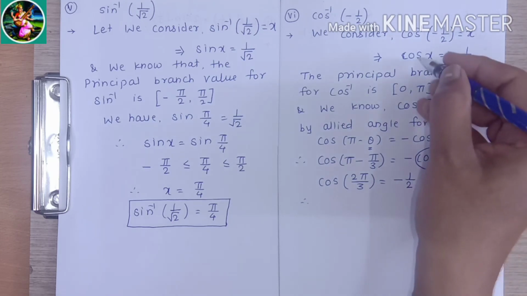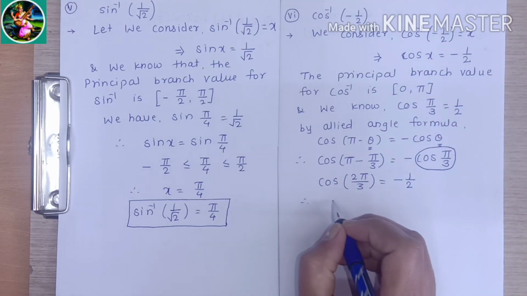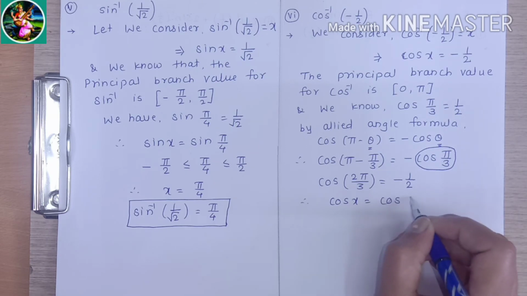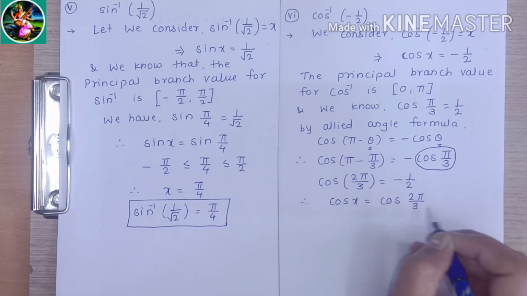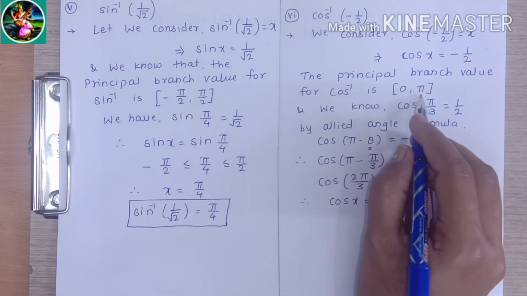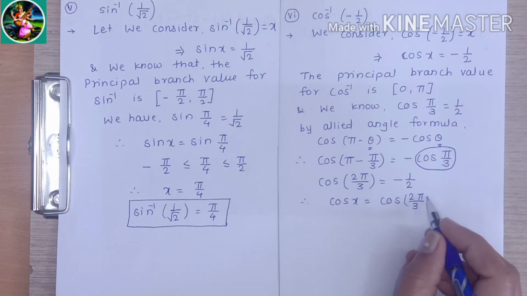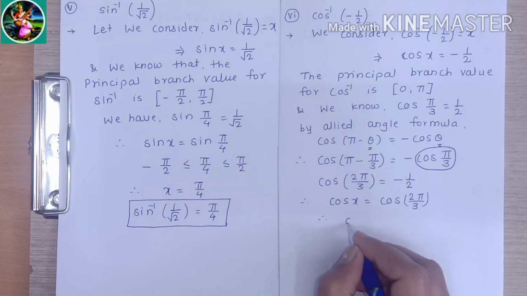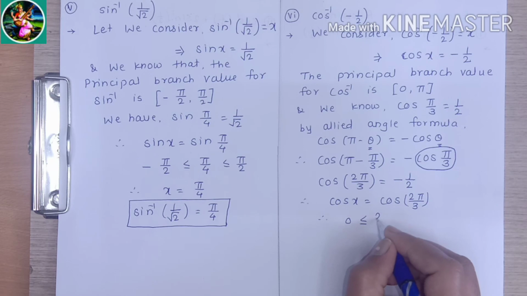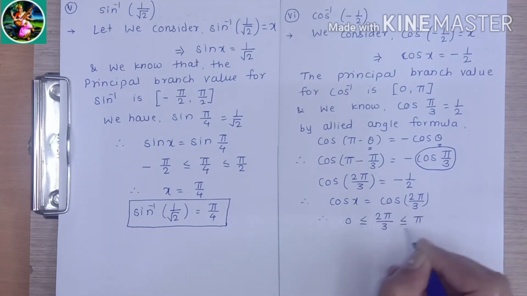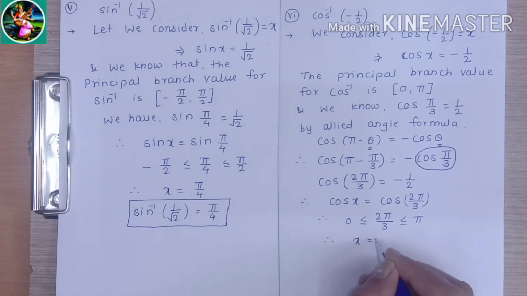Therefore, we write the equality for their left hand sides, that is cos x is equal to cos of 2 pi by 3. The principal branch value for cos inverse is 0 to pi, and 2 pi by 3 lies in this interval. Therefore, here we write 0 is less than or equal to 2 pi by 3 is less than or equal to pi, therefore x is equal to 2 pi by 3.